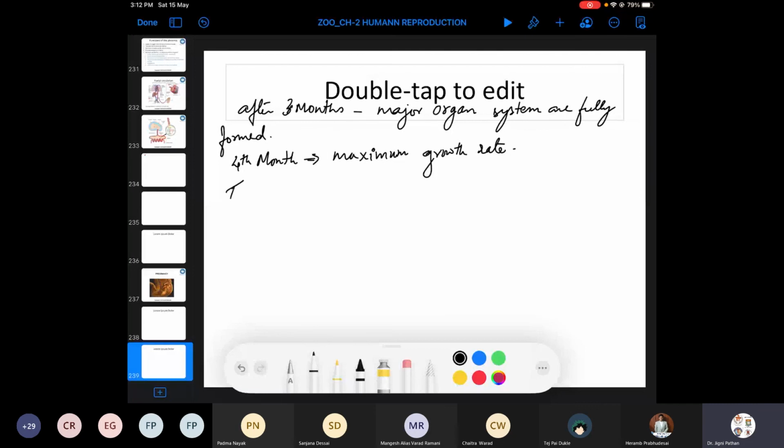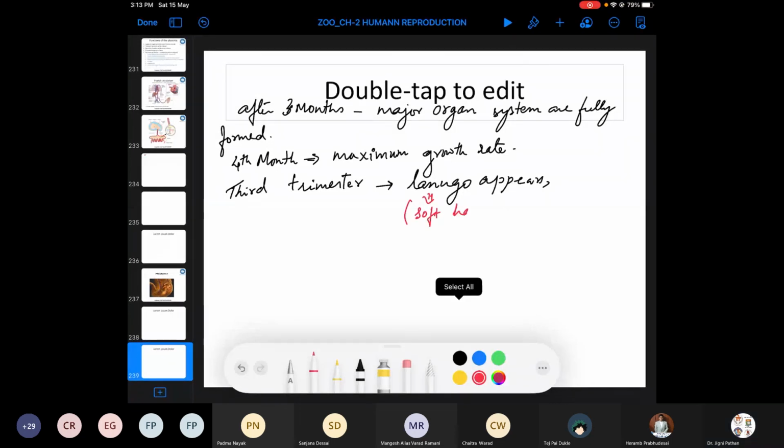Third trimester, lanugo appears. What is this? It's a soft, hairy covering over the fetus.